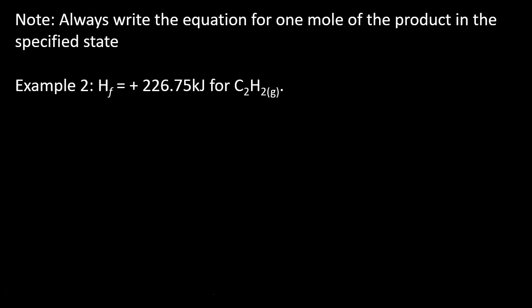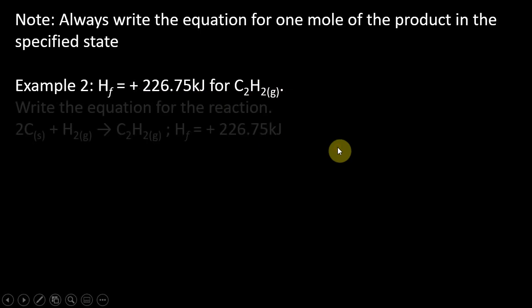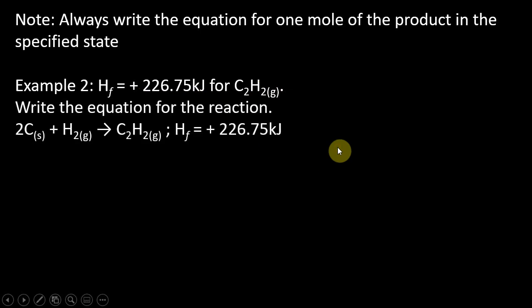In general, though, heats of formation are usually given as a per mole value. Okay. So the heat of formation for acetylene, for example, is plus 226.75 kilojoules. And it's written this way.